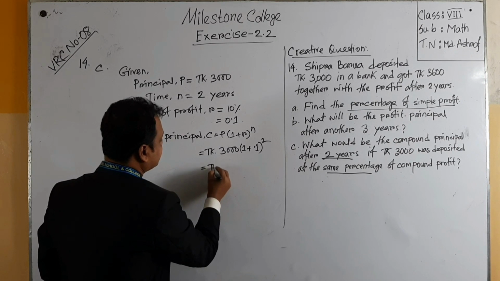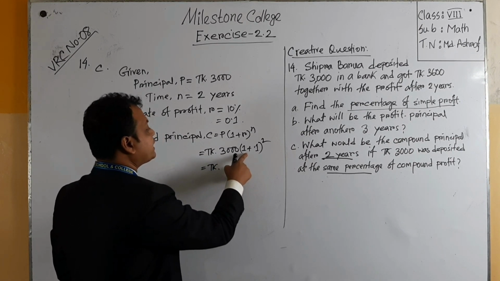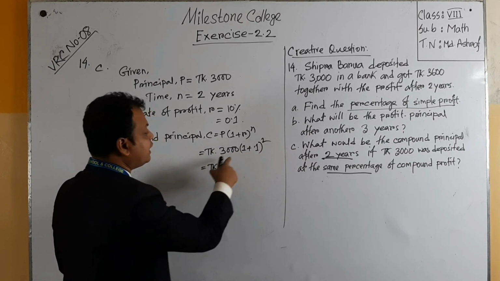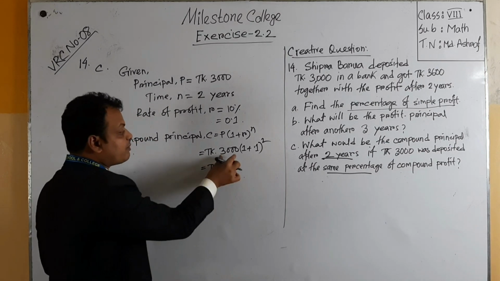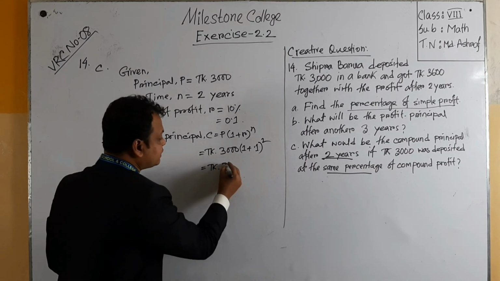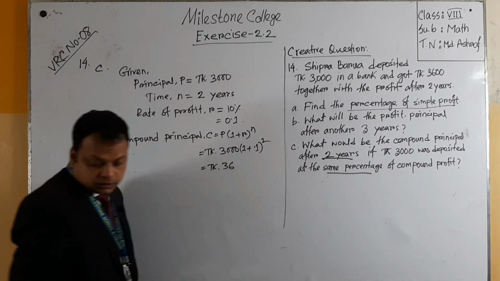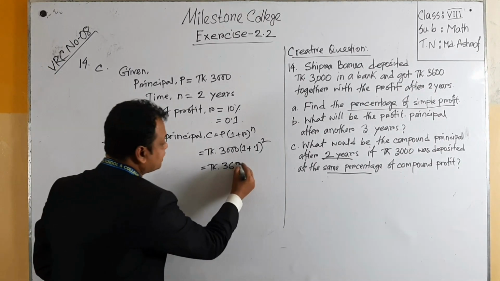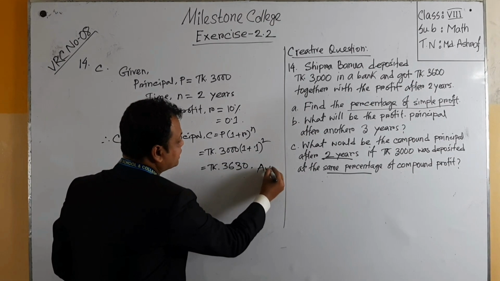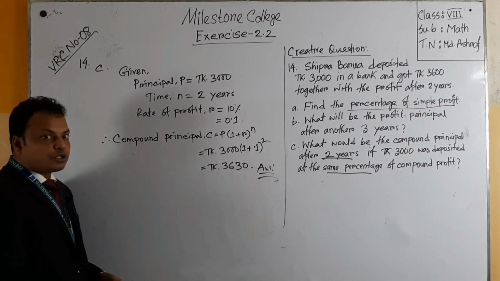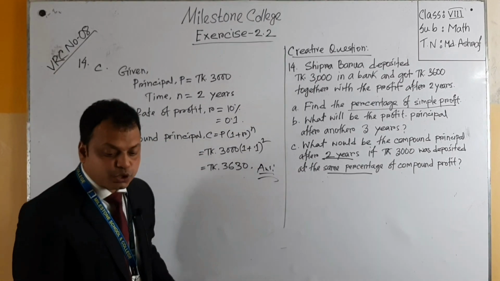So what will we get? After completing here, we will get 1.1 power 2. If we multiply this with 3000, we will get 3630. So this one will be the result. I think you have understood the creative question.